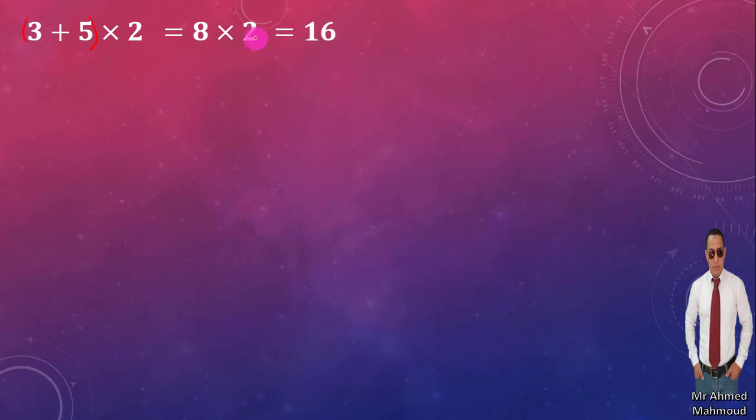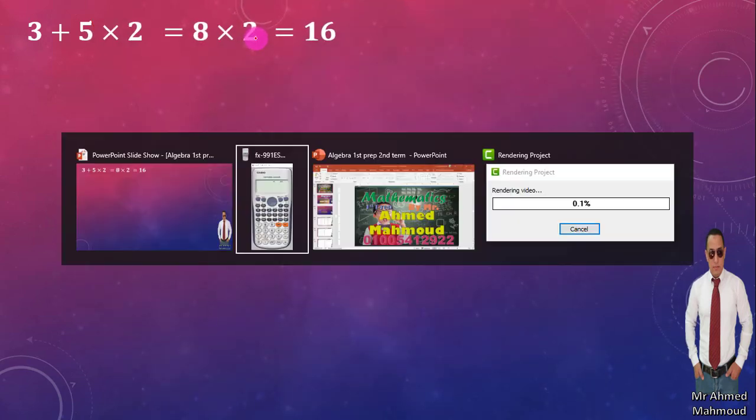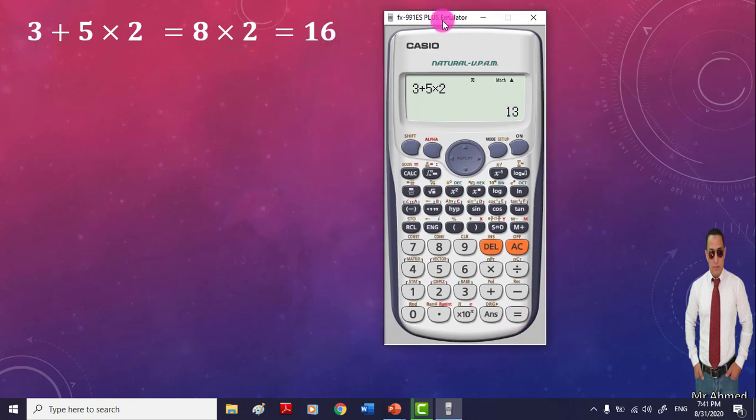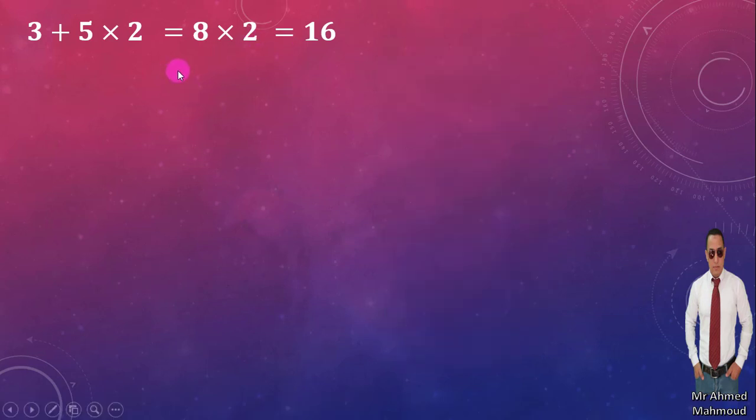Now let's check this operation on the calculator. 3 plus 5 times 2 equals 13, not 16, because we used the wrong steps. So 8 times 2 and 16 are wrong answers.